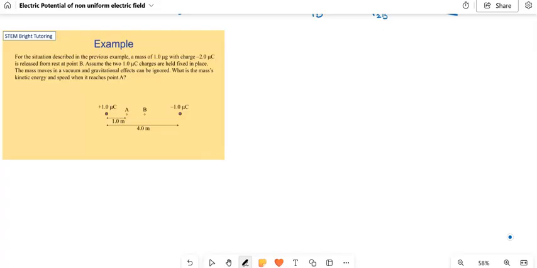This potential energy exists because there is a voltage difference between these two points.